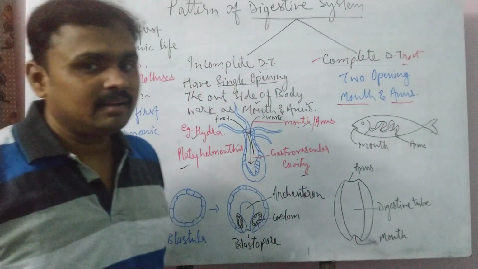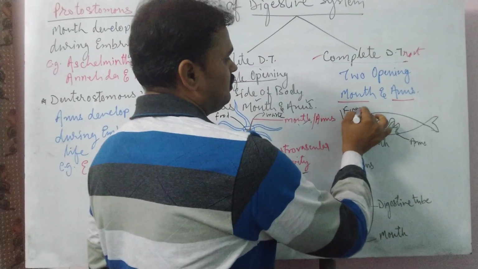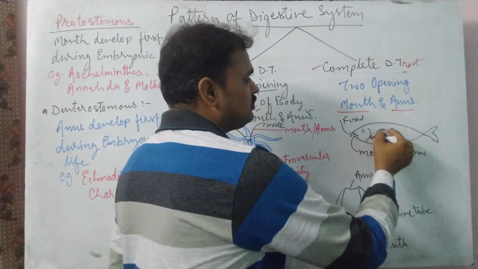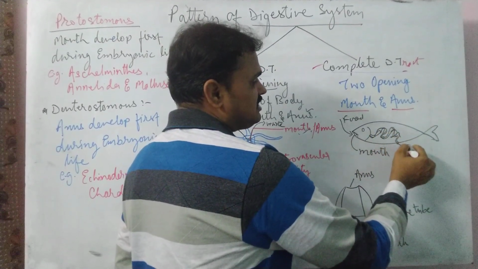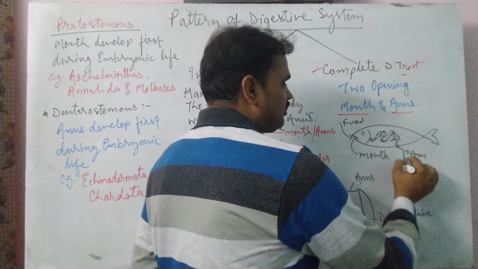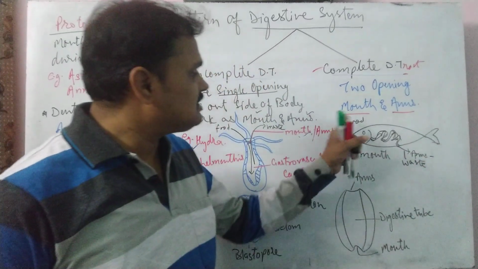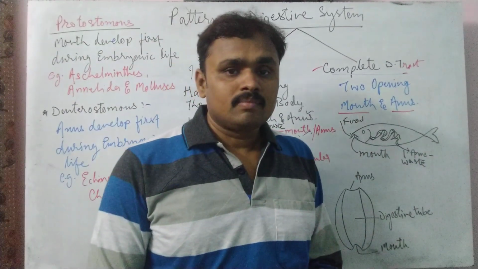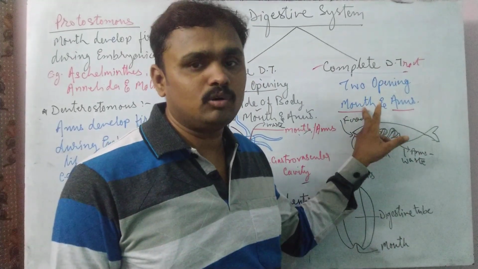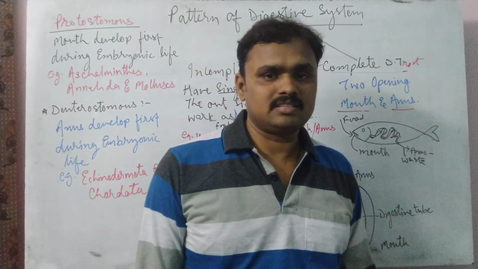After having the mouth, they ingest the food, food goes in, they eat, and after passing through this digestive system, the waste material comes out from the other point, which is known as the anus. Waste is coming out from the anus. That is why this type of system is known as the complete digestive tract, in which there are two openings: the mouth to take in the food and the anus to remove the waste.